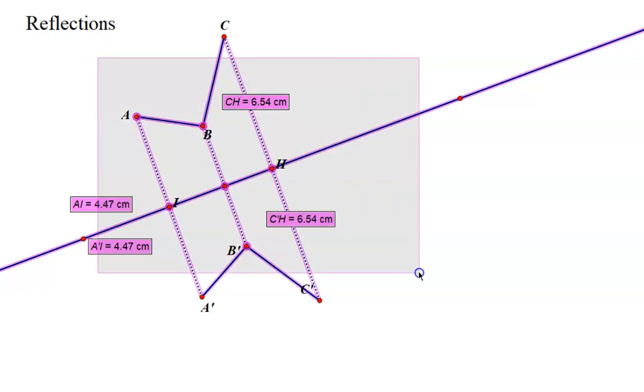Last thing I want to show you with reflections, and I didn't quite clean up everything there, is I want to take this rectangle and I want to reflect it over a line.